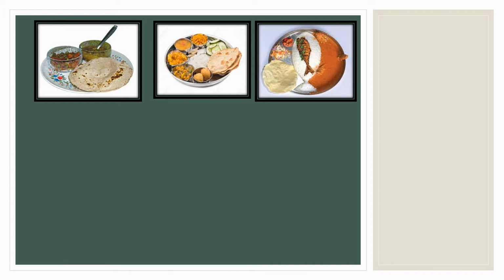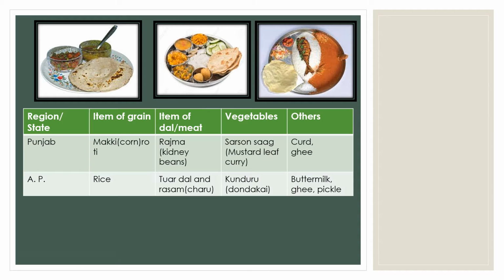Now, in chapter 1, we made a list of the food items that we eat. So what you could understand, a meal could consist of chapati, dal and brinjal curry, and there are many varieties of food. We also come across the food of different regions, whether in India, in our country, or outside.